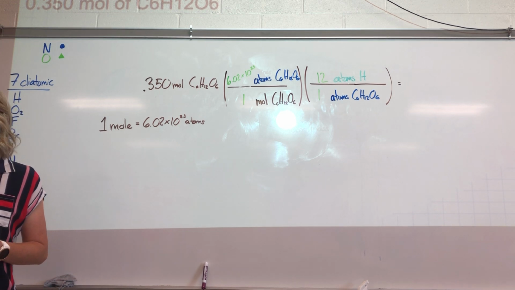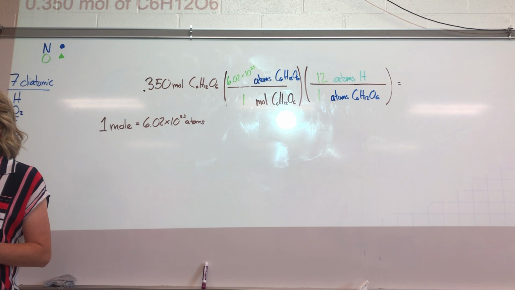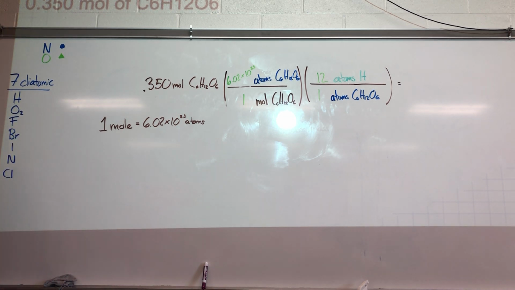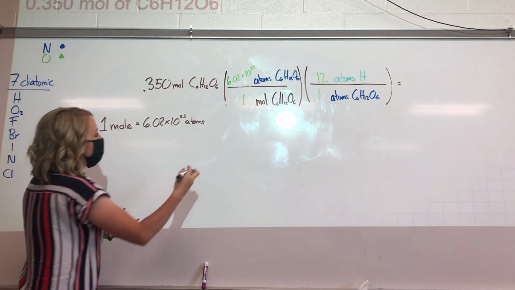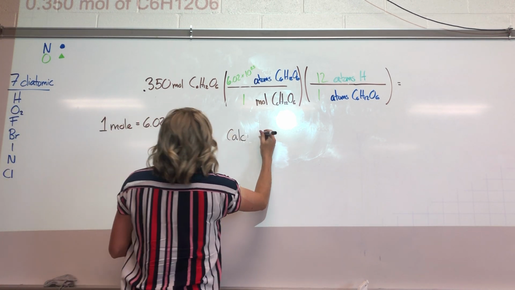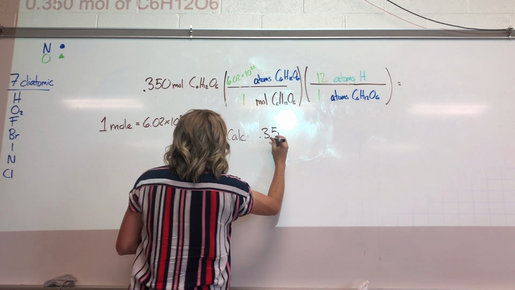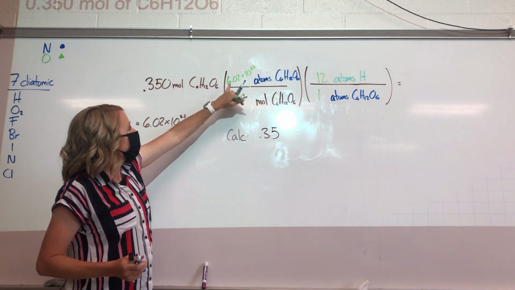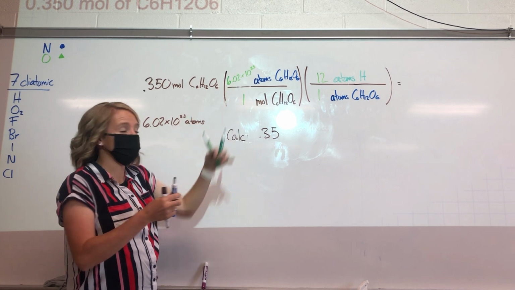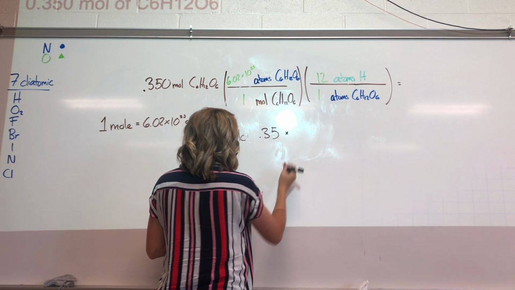To me, that's the longest way to do it, and we're all about time. The way I type in conversion things is I type the first number, so I would type 0.35. This is on top of the fraction, which means it's multiplying by it. So then I would hit times.